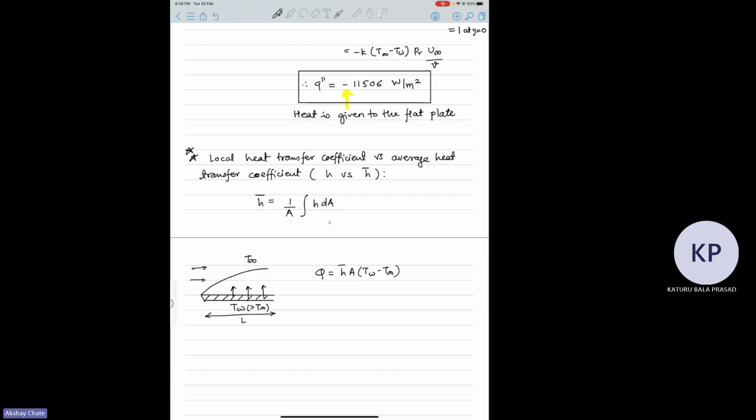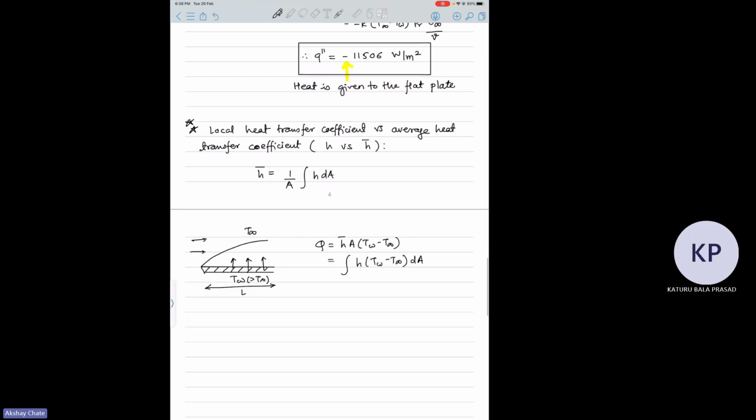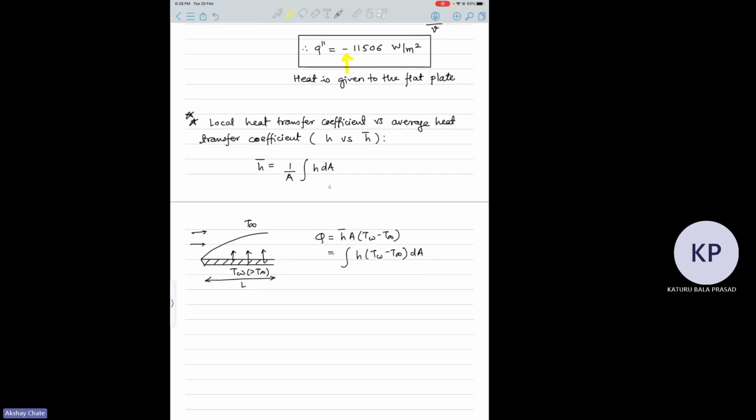is the total amount of heat coming out of the plate, which will be equal to the local heat transfer coefficient times T wall, because your whole plate is at wall temperature, times dA. From there, the constant term gets cancelled and you get the same definition as this for the average heat transfer coefficient.